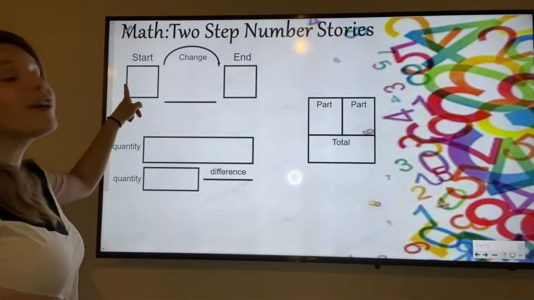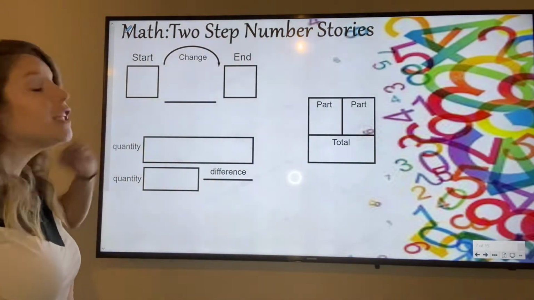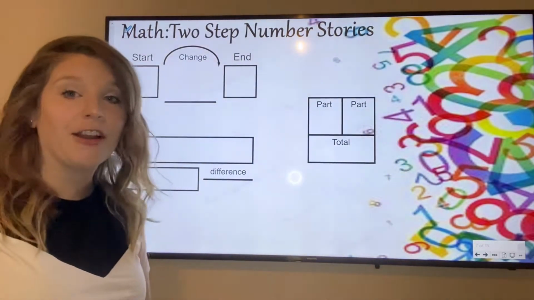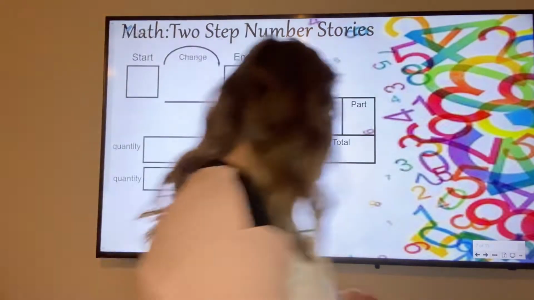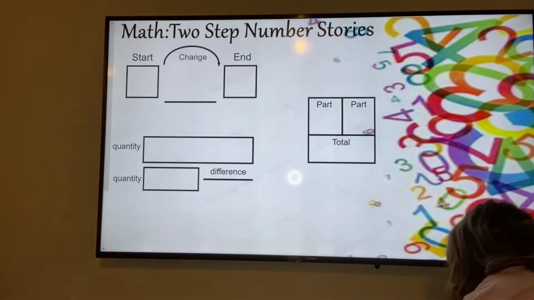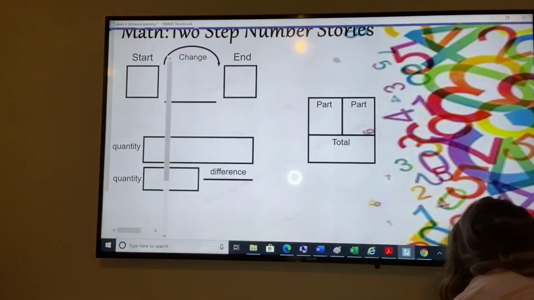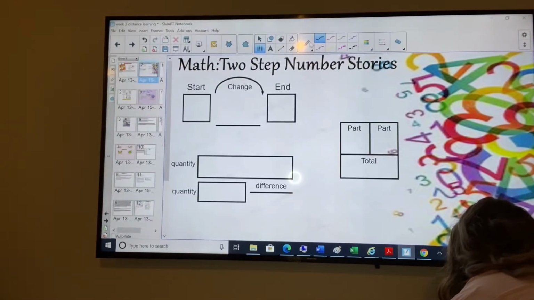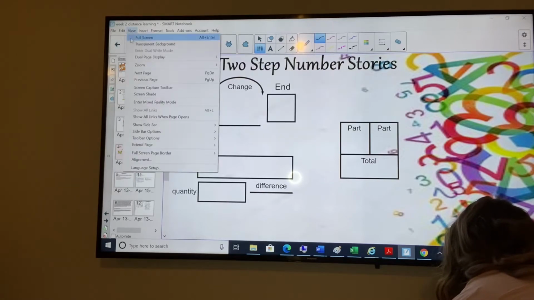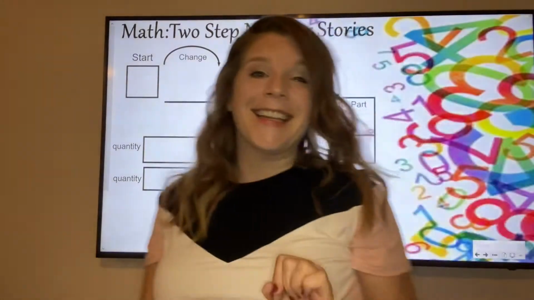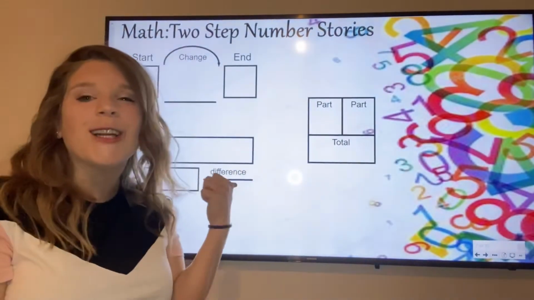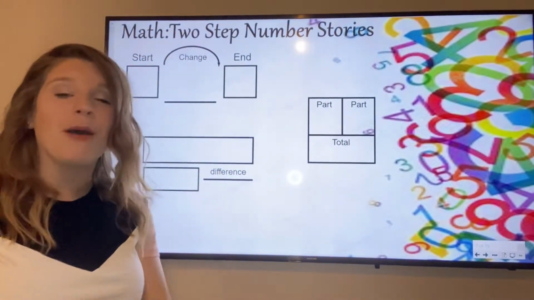So the first diagram we have is our change diagram, okay? We have our start, our change, and our end. Well, I guess it's not going to let me write, but this is called our change diagram, okay?